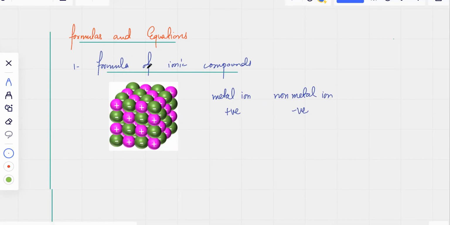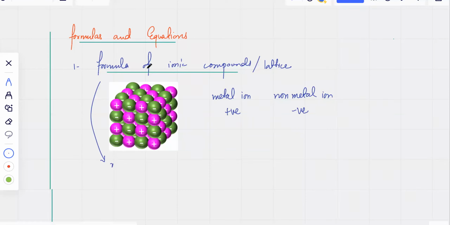So when it comes to formulas, the formula of an ionic lattice, and remember I told you, you don't use the word molecule for them. It's a giant lattice. So you either call it an ionic compound or you call it an ionic lattice. So what does the formula represent? What information does that give you?